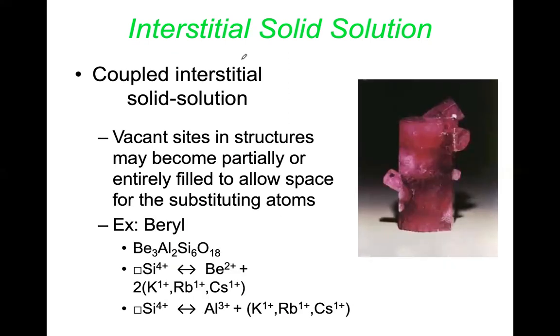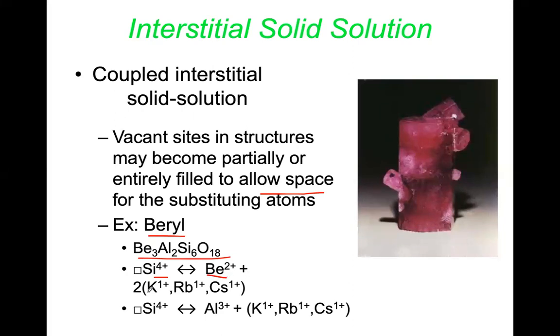And another example here, when some vacant space is available within the molecule. So the spaces available in between make this solid solution happen, right? Beryl is an example. This is the normal beryl composition. And silicon is 4 plus, beryllium 2 plus.